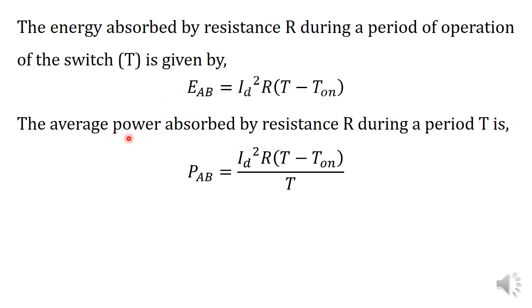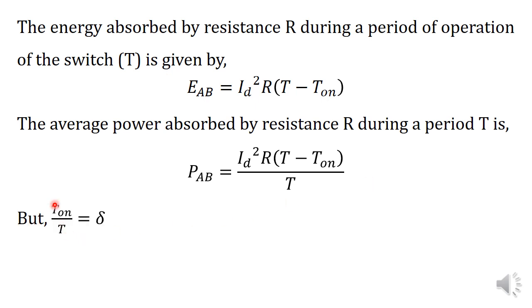Next, the average power absorbed by the resistance R during the period T is PAB. That is, power is equal to energy divided by time. So PAB is equal to ID square R into (T minus T on) divided by T, where T is the period of the switch.